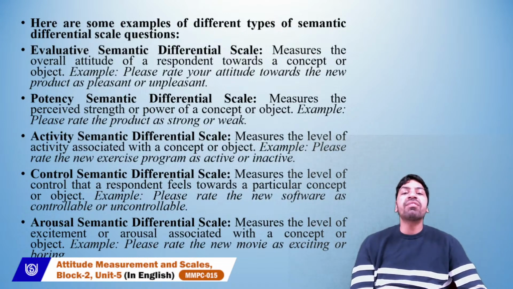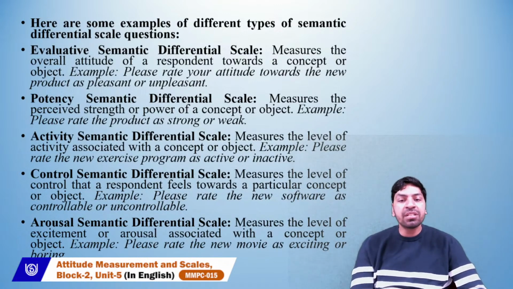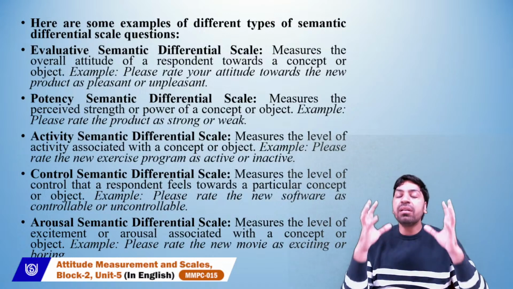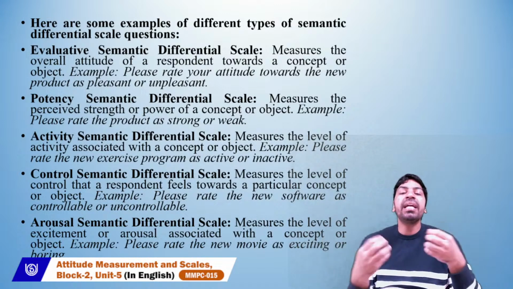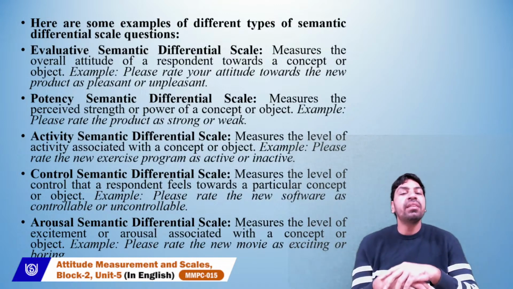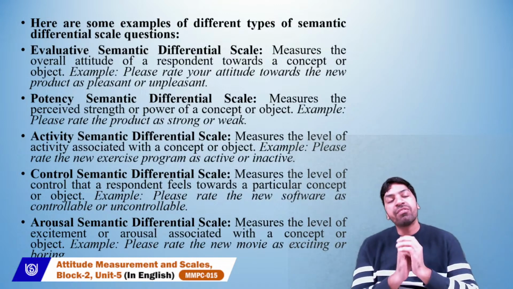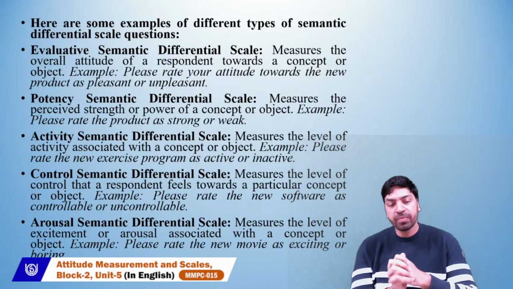The activity symmetric differential scale judges the level of activity you associate with the concept or object. Please rate the new exercise program as active or inactive, where in this particular scale you are using bipolar adjective forms, and that becomes a symmetric differential scale question.